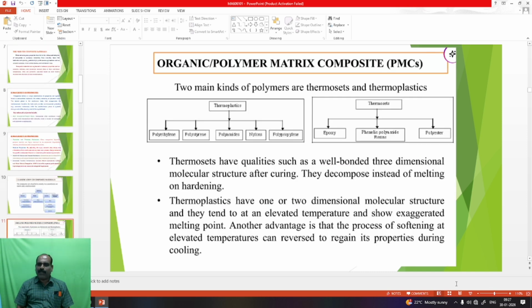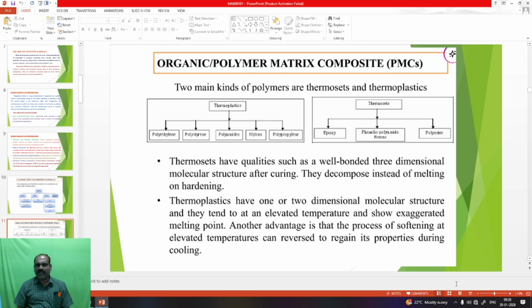Organic or polymer matrix composites. Here are thermoplastics, already we have seen the examples. Here the classification of thermoplastics: polythene, polystyrene, polyamides, nylons, and polypropylene. Thermosets are epoxy, phenolic, polyamide resins, and polyester. Thermosets have a well bonded three-dimensional molecular structure.